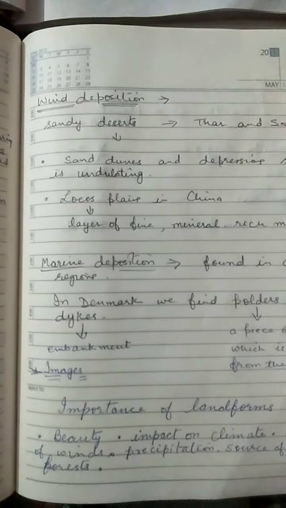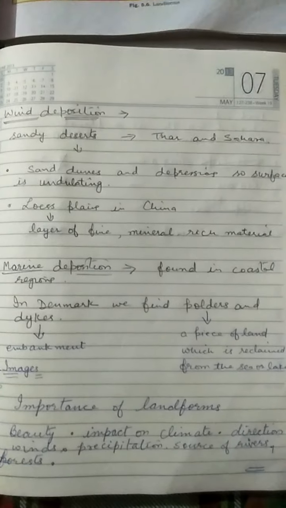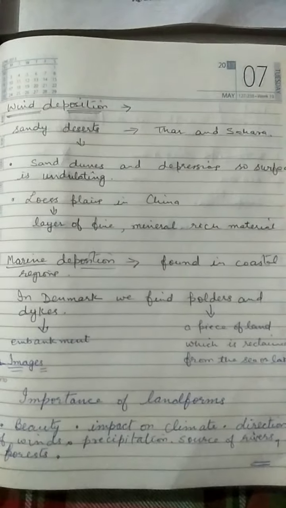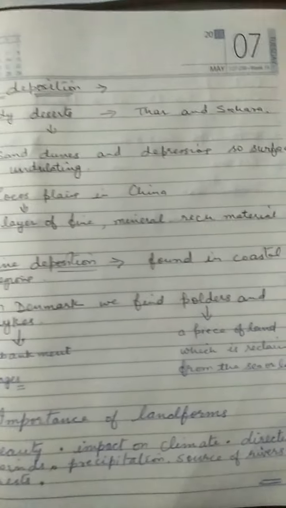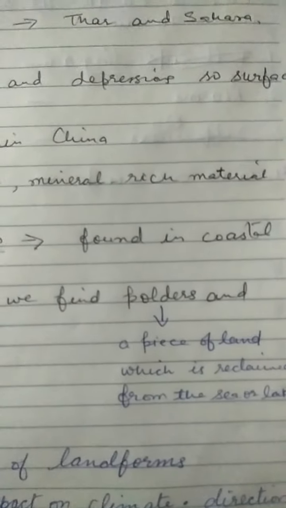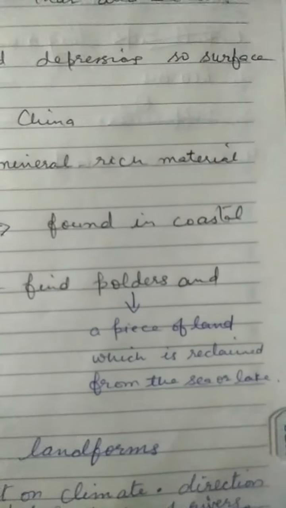The next type of plain is the marine deposition plain. These are found in the coastal areas. For example, in Denmark, we find polders and dikes. Now, what is a polder? A polder is a piece of land which is reclaimed from the sea or lake.